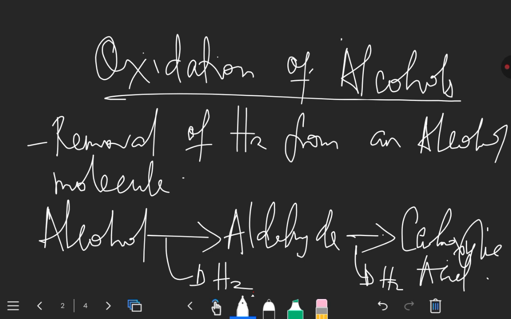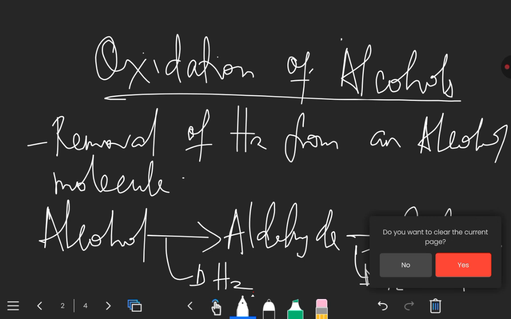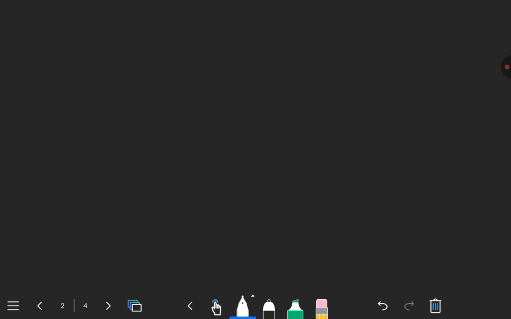So now let's understand what we need to talk about in this session. We have what are known as oxidizing agents.